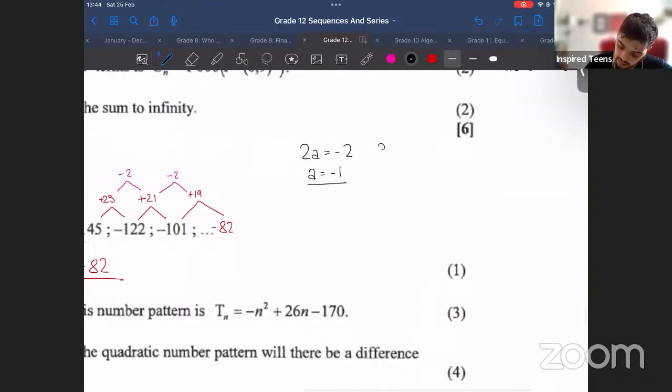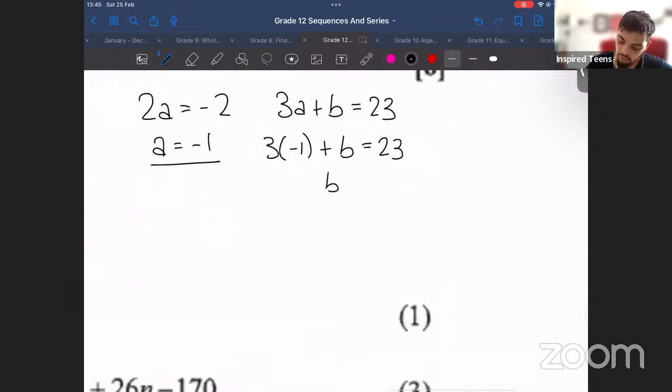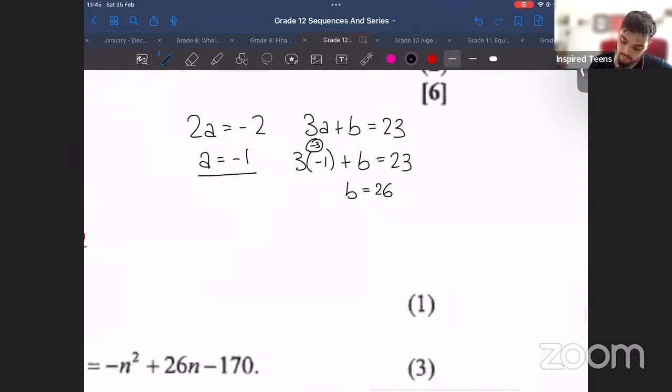Then we're going to say 3a plus b is equal to the first difference, which is 23. We substitute our value. So 3 into -1 plus b is equal to 23. Take 3 over, it becomes -3 on the other side. So on the right side, b is equal to 26. Then a plus b plus c is equal to the first term.